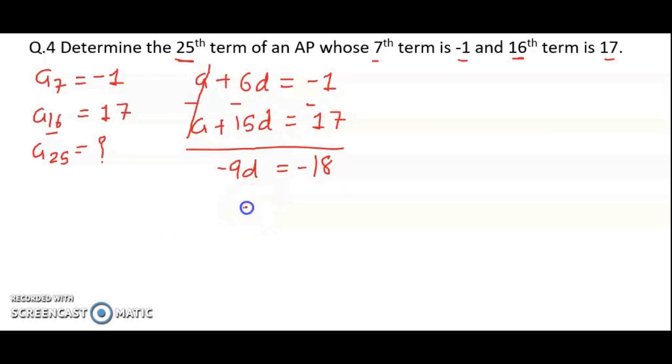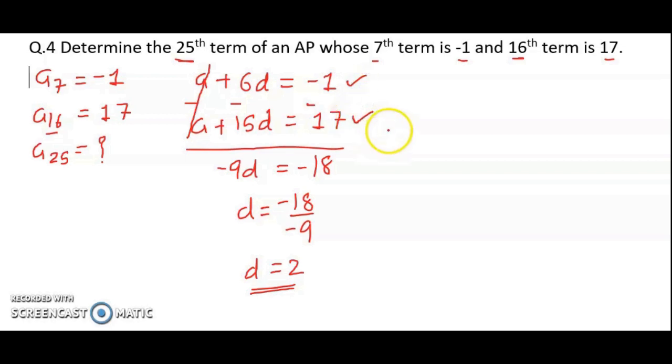So you will get D equal to minus 18 divided by minus 9. So we get D equal to 2. Now we can put the value of D in any of these equations. For example, let's say this is equation 1.